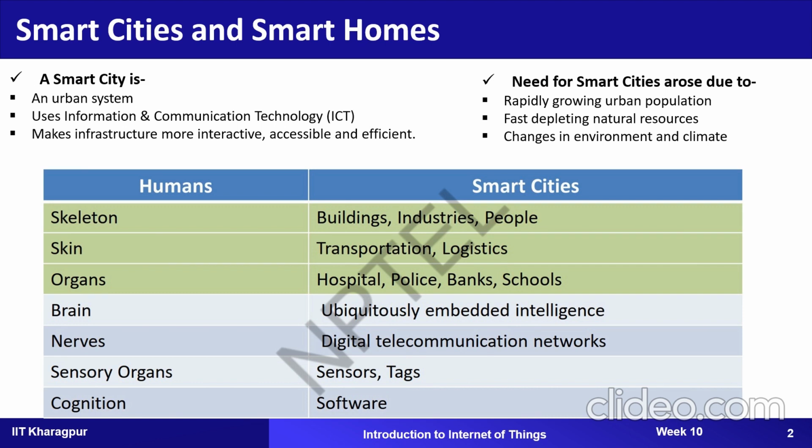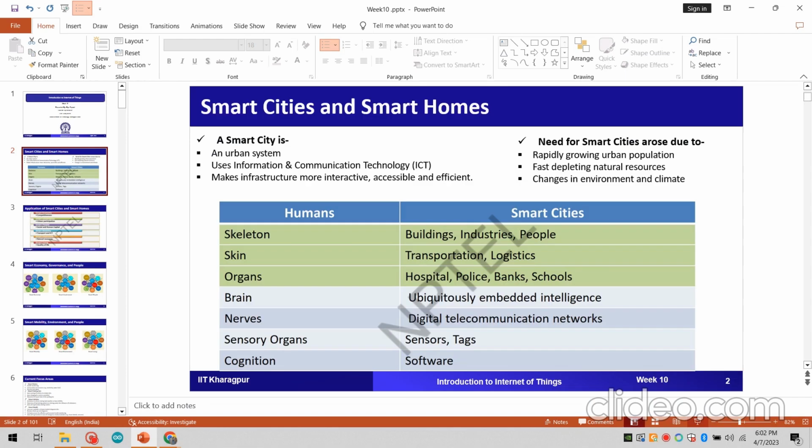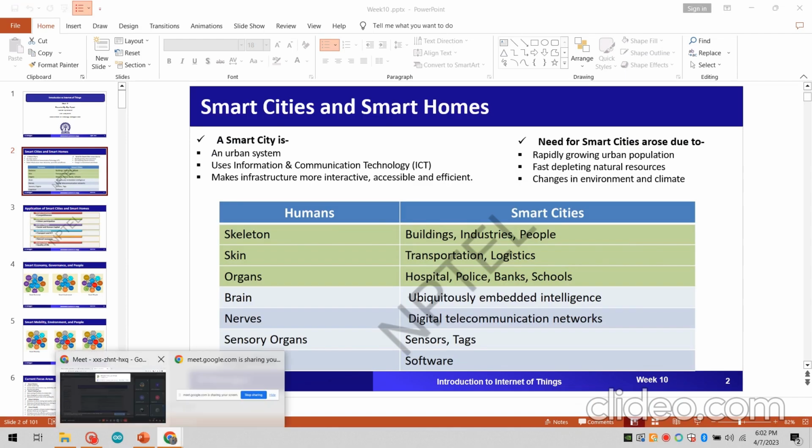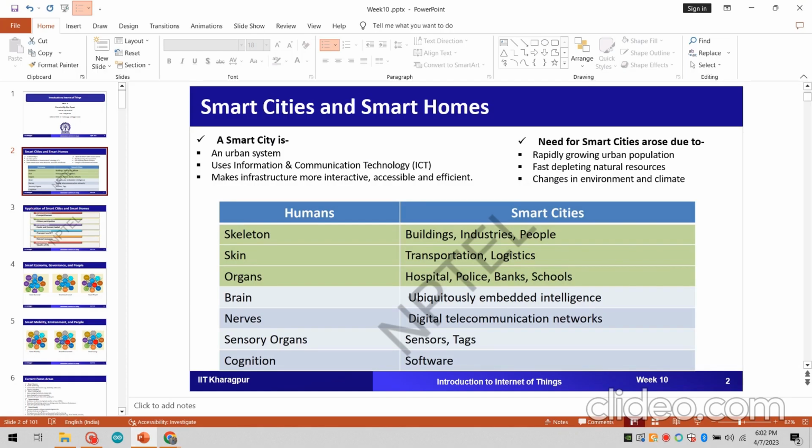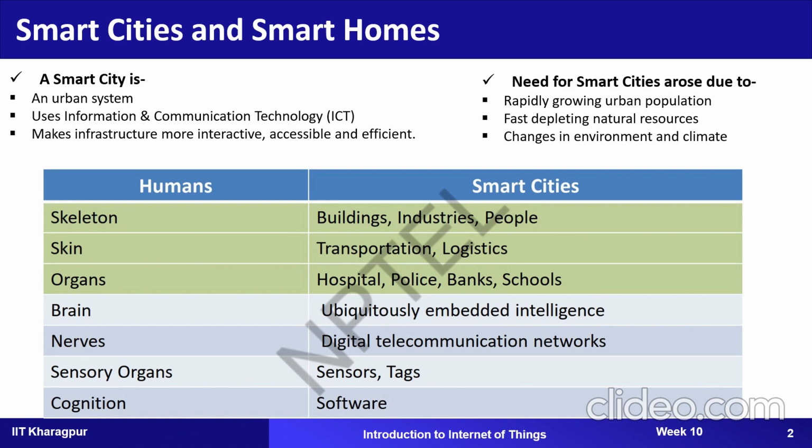So what is the need for smart cities? The first point is the rapidly growing urban population. With time, the population is growing very fast, and in order to make the population interactive and provide various services to it, there is a need for smart cities.